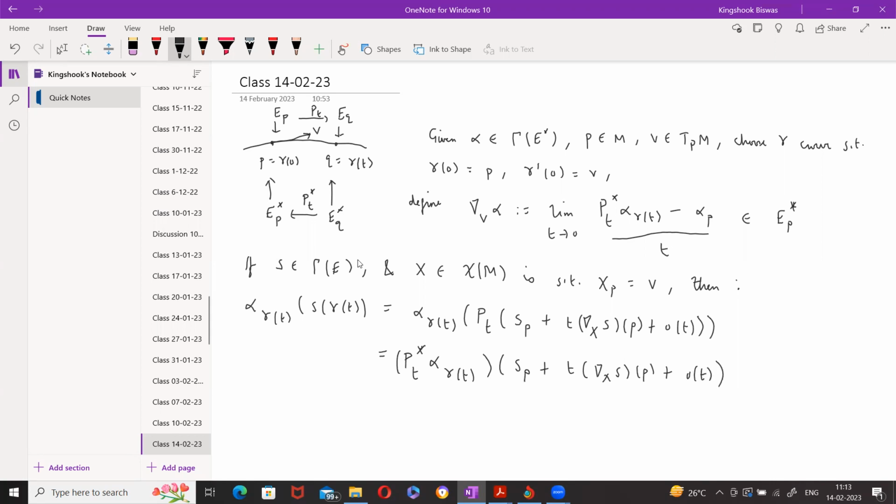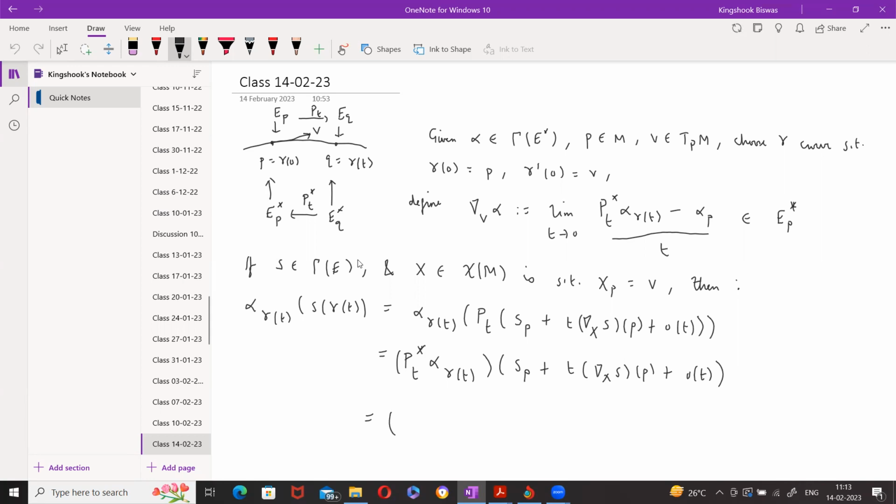But now what is PT star acting on alpha of gamma t? If I look at the definition of this connection on the dual bundle, remember PT star at alpha of gamma t is a vector in the fiber EP star.